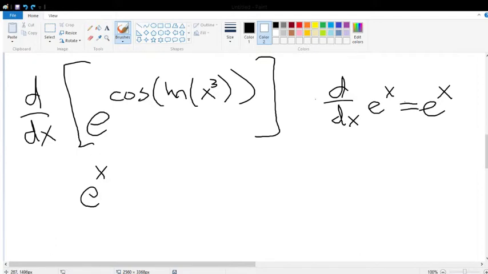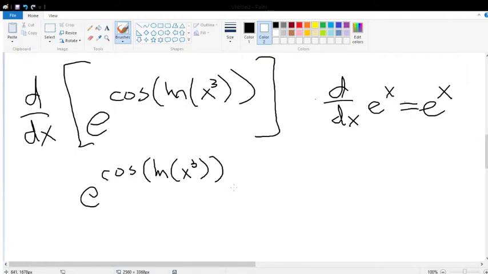So we take the derivative of the outside function, and that's this, but we want to evaluate it at its interior function. So what we end up doing is just rewriting the function: we took the derivative, which is the same function, and evaluated it at its interior function, and we end up with the same thing.